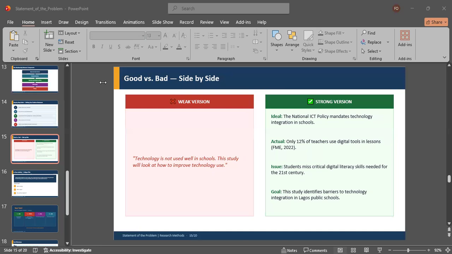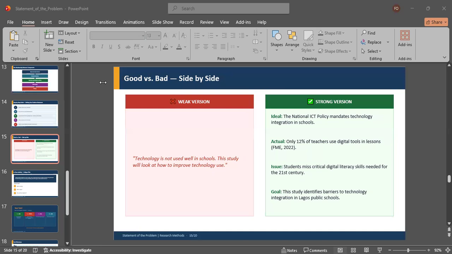Like this example here, following the framework I mentioned, the ISID model. In the 'what is happening' part, the example says only 12% of teachers use digital tools in lessons. The ideal is that the national ICT policy mandates technology integration in schools.